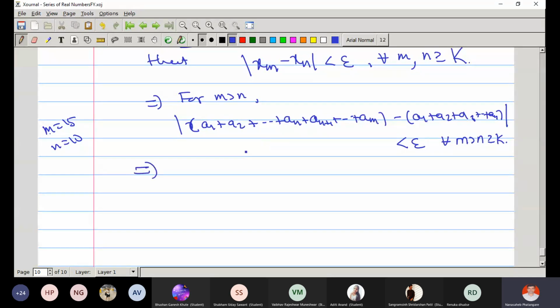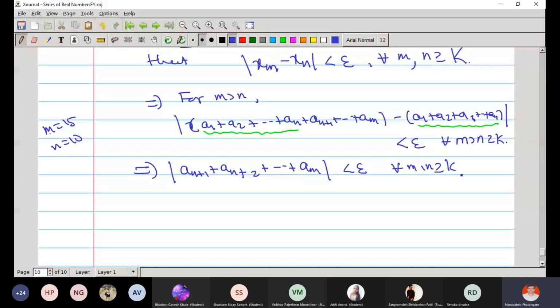But what is the difference? These terms a1 plus a2 up to an are common, so they will be cancelled out. What remains is a_{n+1} plus a_{n+2} up to a_m, which is less than epsilon for all m, n greater equal k and m greater than n.